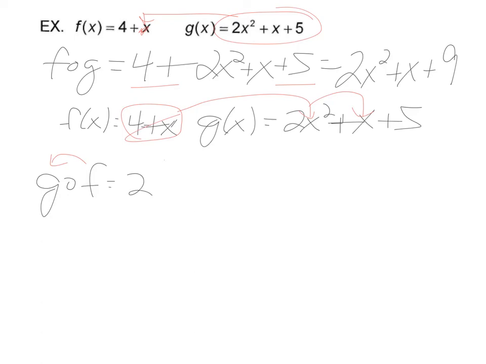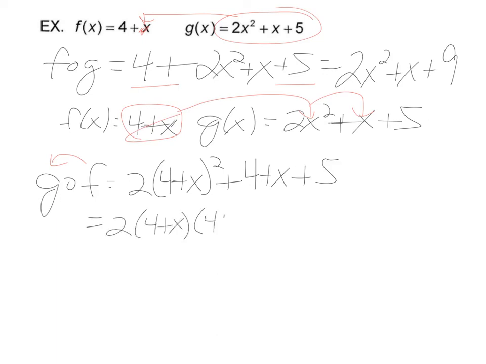Then we have 2 times 4 plus x all squared plus 4 plus x plus 5. 4 plus x squared, anytime you square something, you have to write it twice and multiply it by itself. So 4 plus x times 4 plus x, and we'll have to FOIL that. I can go ahead and combine 4 and 5. So in the back we have x plus 9.